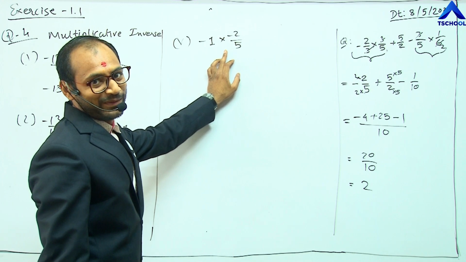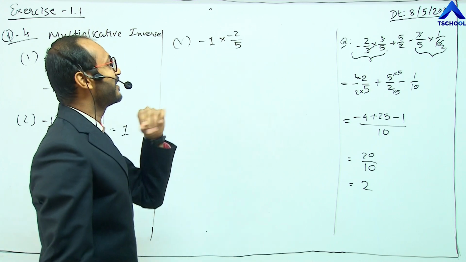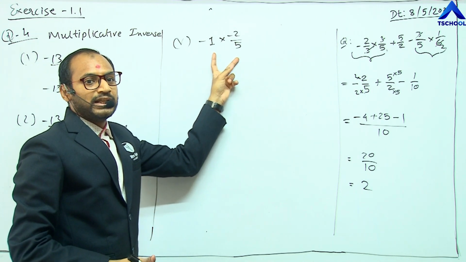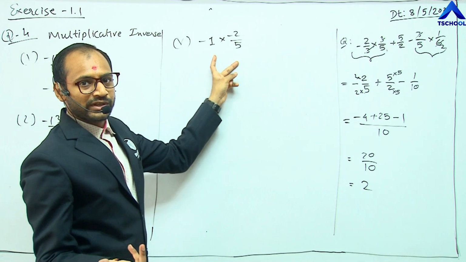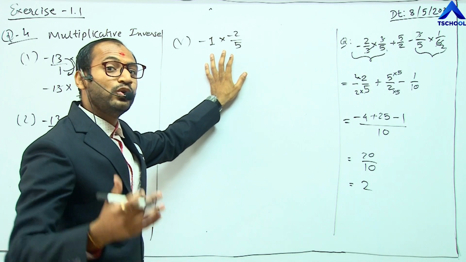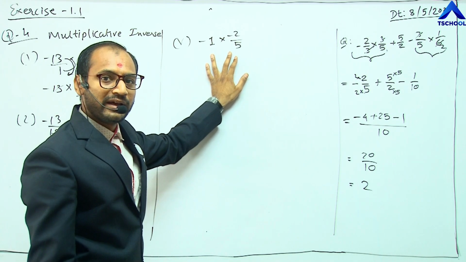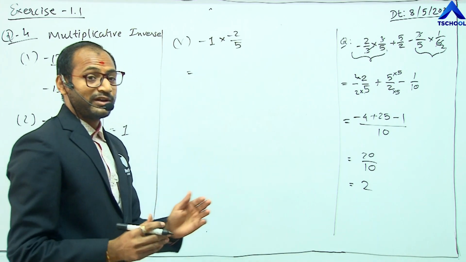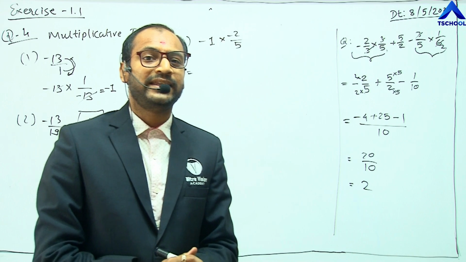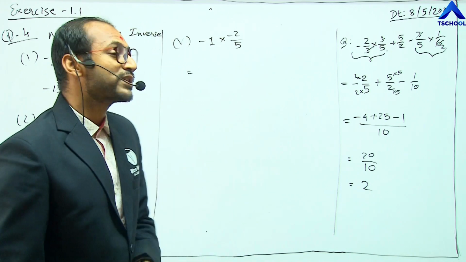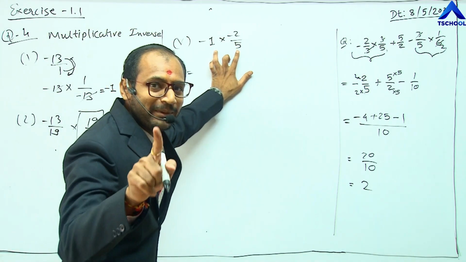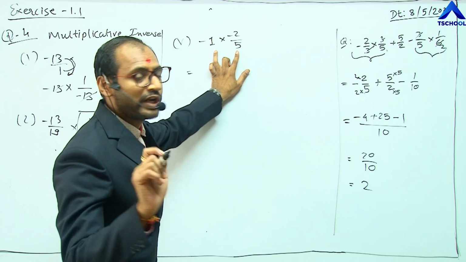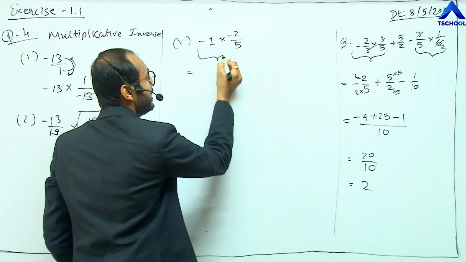Here there are two numbers. We can do the multiplication first, or we can do the reciprocal of each number. Now we can do the reciprocal of both simultaneously. Why? Because both numbers are in multiplication. So this is a single term. You should remember, this is a single term.